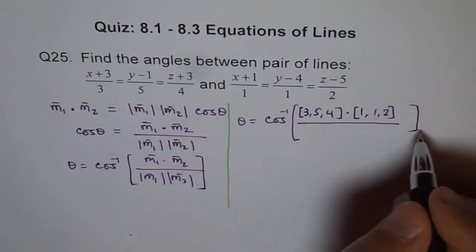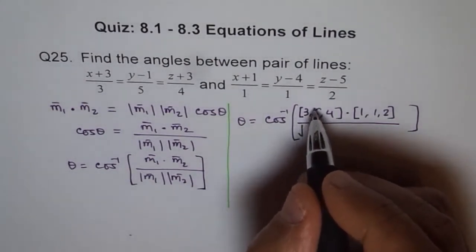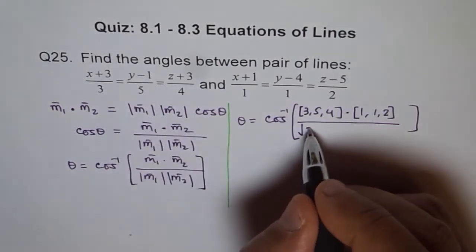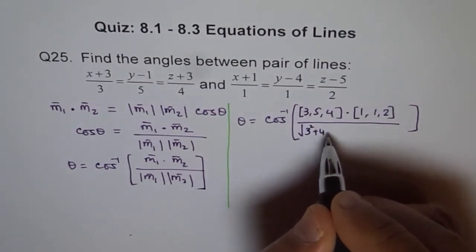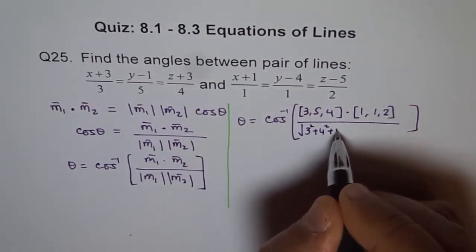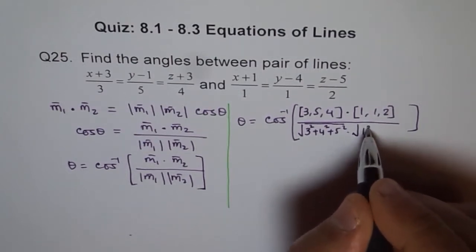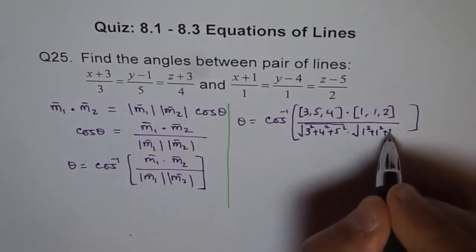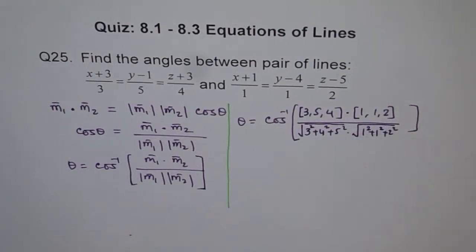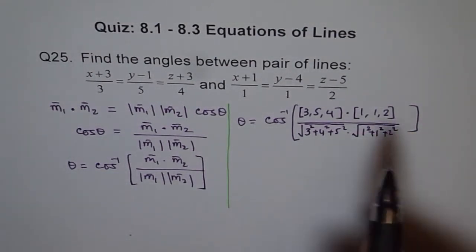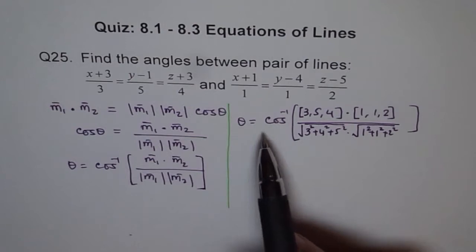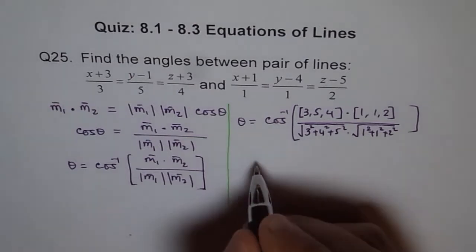So the magnitudes are square root of 3 square plus 5 square plus 4 square, I should have written 5 here, but okay, times magnitude of 1 square plus 1 square plus 2 square. So that's their magnitude. So you do this calculation and then find cos inverse of the value and get your answer.